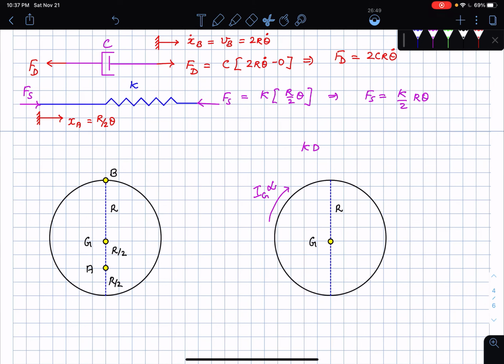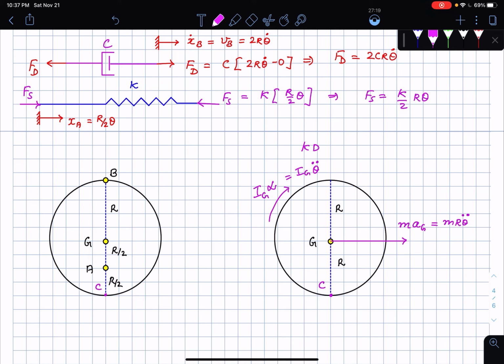I copy that and bring that down here. The direction of the acceleration of the center of mass is going to be in the I direction, so this is going to be m times Ag, or m times r times theta double dot, and Ig alpha is the same as Ig times theta double dot. And we call this point C, the point of contact.